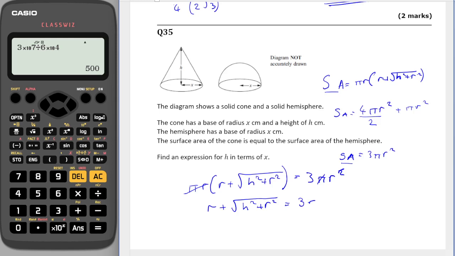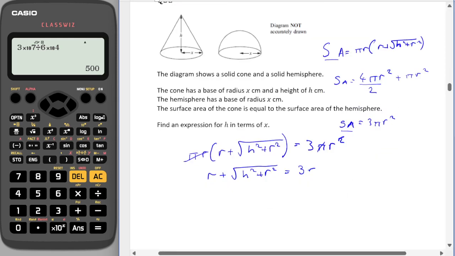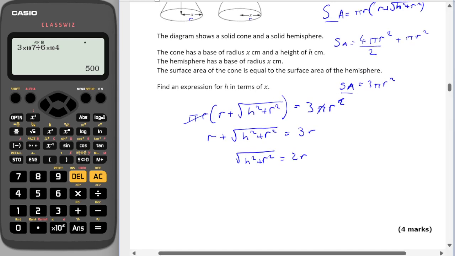Okay, so in effect, that's not too bad. So if I subtract r from both sides, I would get the square root of, and to be fair, I should have used x instead of r, but we'll change that at the end. So h squared plus r squared is going to be equal to 2r. If I square both values, I'd get h squared plus r squared would be equal to 4r.